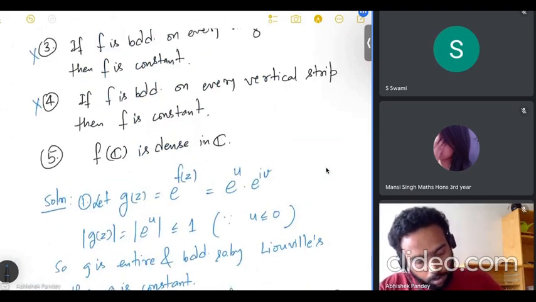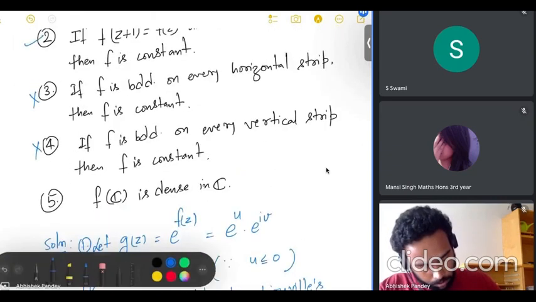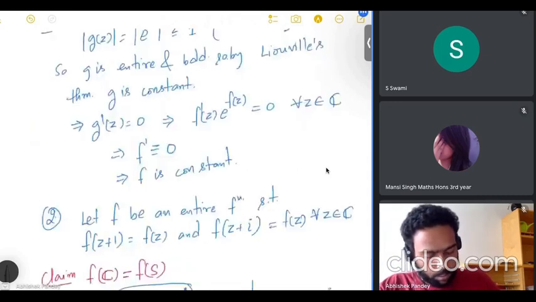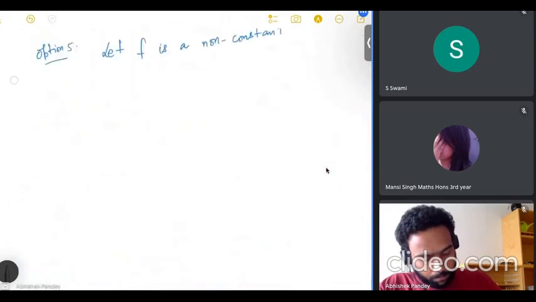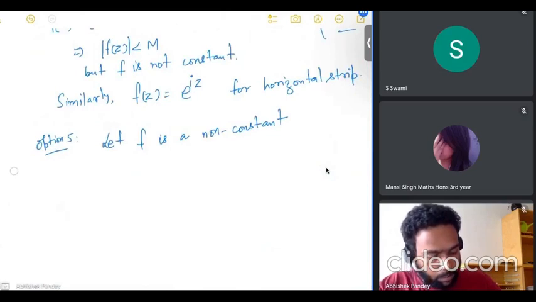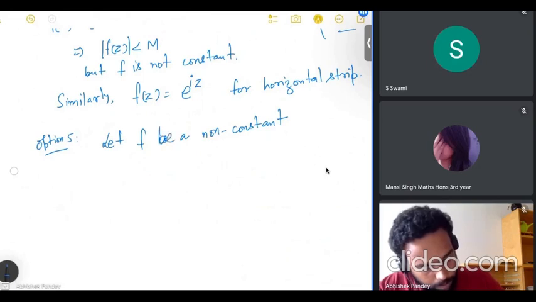Otherwise, you can take any constant function. If f is non-constant, then f of C is dense in C. So let f be a non-constant function.